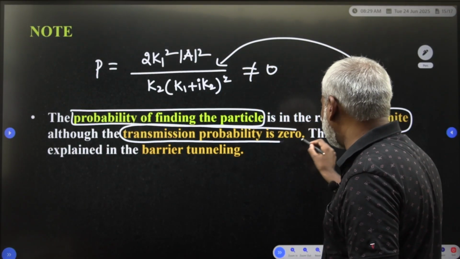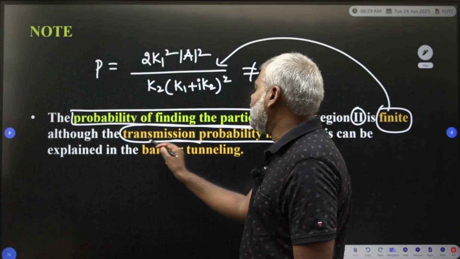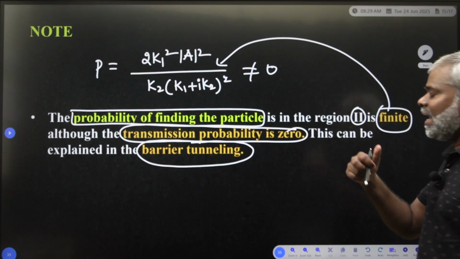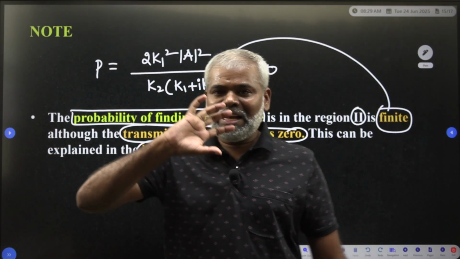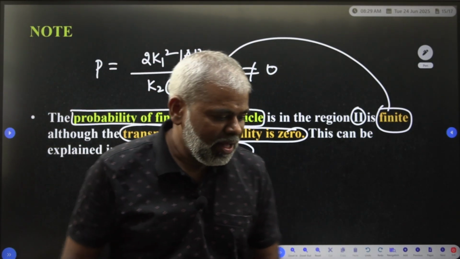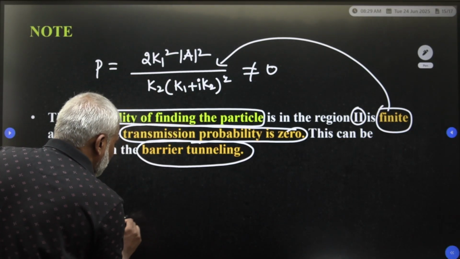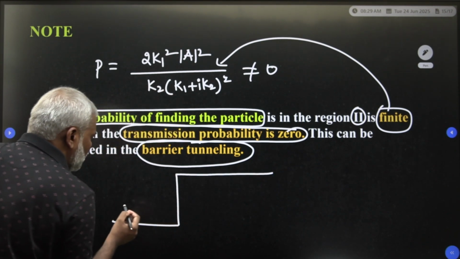This can be explained by a beautiful quantum mechanical phenomenon, the barrier tunneling phenomenon. So what is barrier tunneling? A lesser energy particle can penetrate through a higher energy barrier. That is the beautiful phenomenon we call the tunneling effect. This is a very important effect.